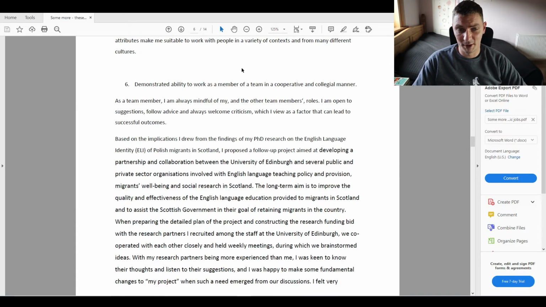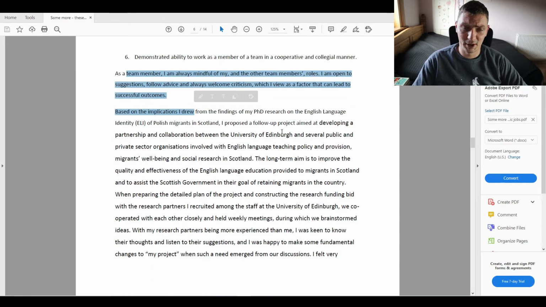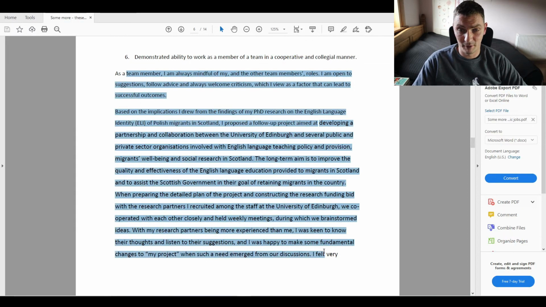And here the final one that I want to share: demonstrated ability to work as a member of a team. This is exactly the same as in the previous application. In that application the wording was different and I struggled a little bit, but it's about working in a team, in a cooperative manner. So I'm talking about this follow-up study and how we worked with my supervisor.